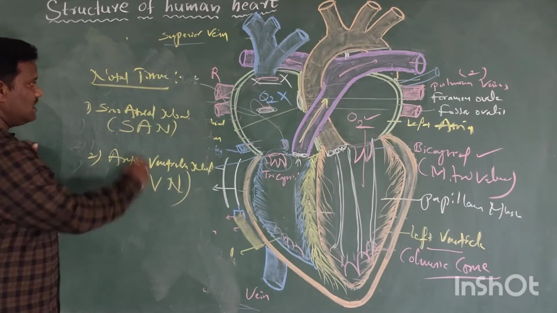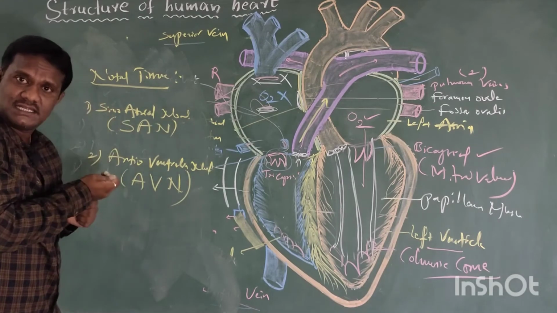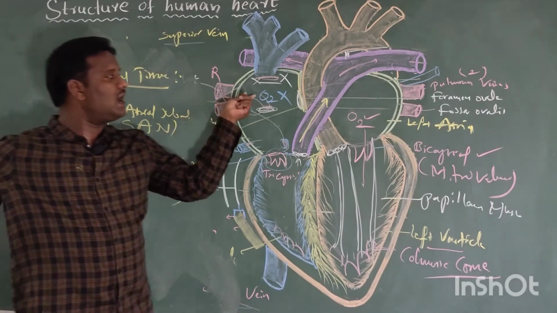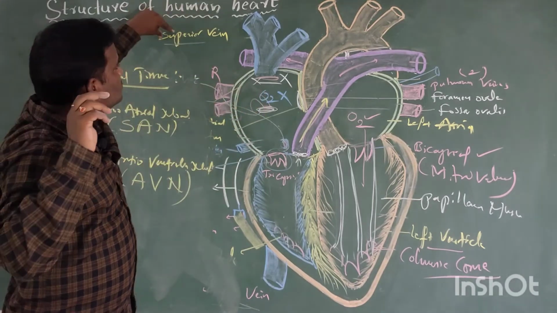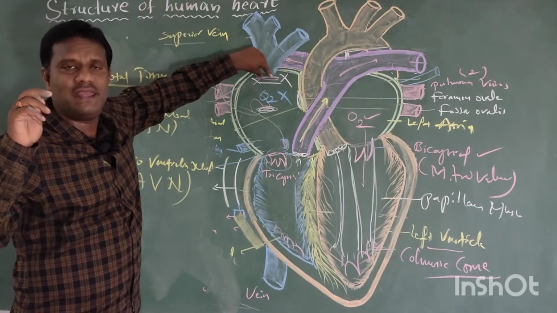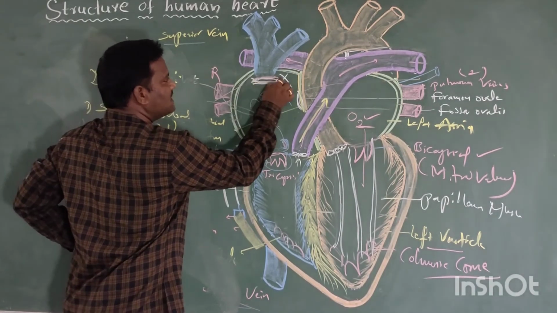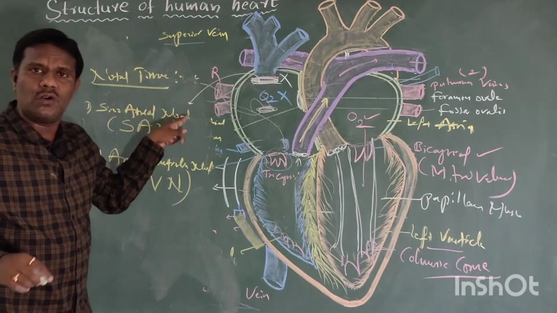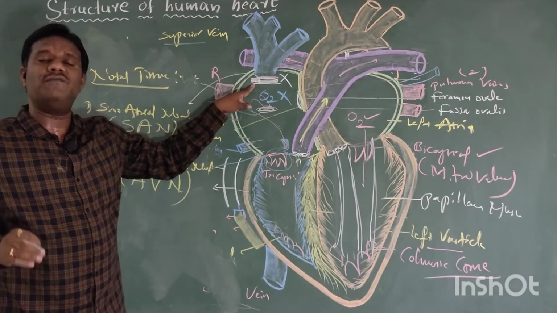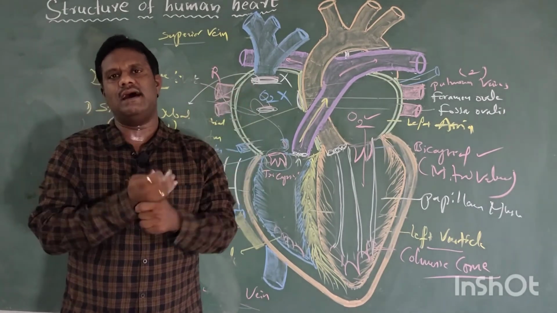So first is the sinoatrial node. Where is the sinoatrial node present, Nana? Above the right atrium, where the superior vena cava enters, one of the nodes is present. This is called the sinoatrial node, and it is also called the pacemaker.